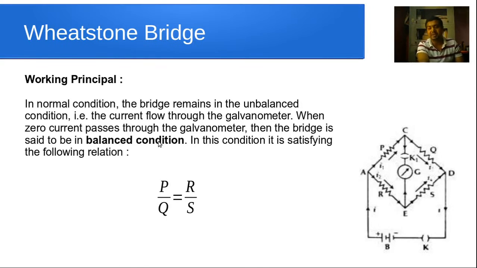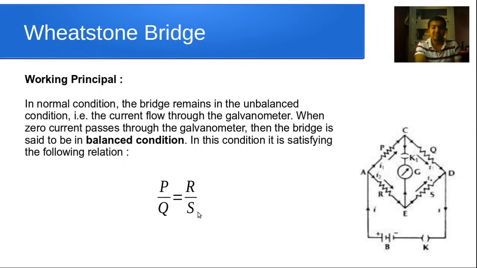So the balance condition is when the current passing through the galvanometer is 0, and then the bridge is said to be in balance. In that balance condition one can easily say that P by Q equals R by S. This is the condition of balance.